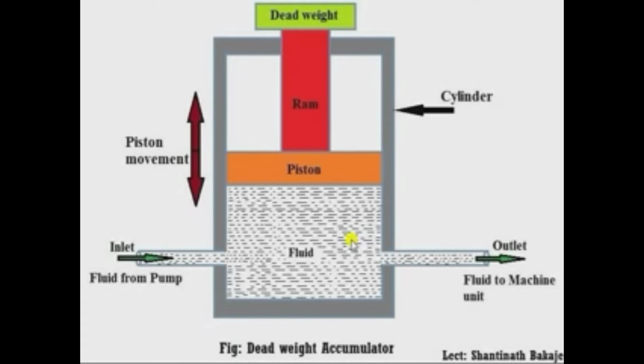Due to this, the pressurized fluid starts flowing through this outlet port to the driven unit or machine unit to do some useful work. The useful work is for hydraulic lifting, hydraulic cranes, etc. So this is all about the dead weight accumulator.